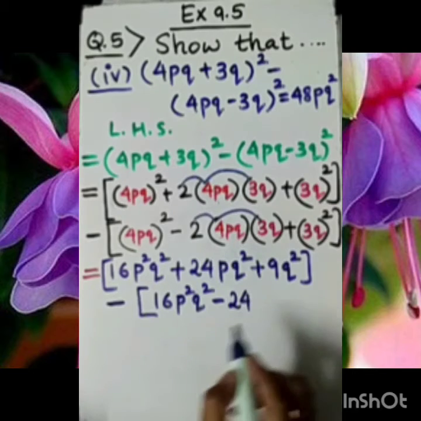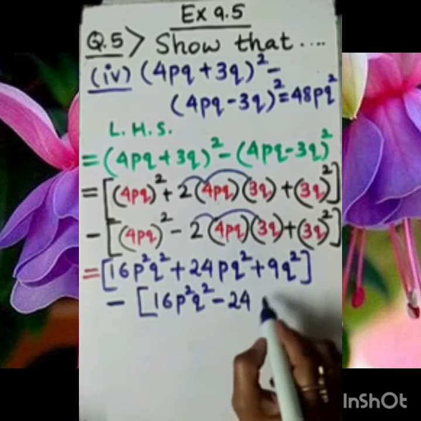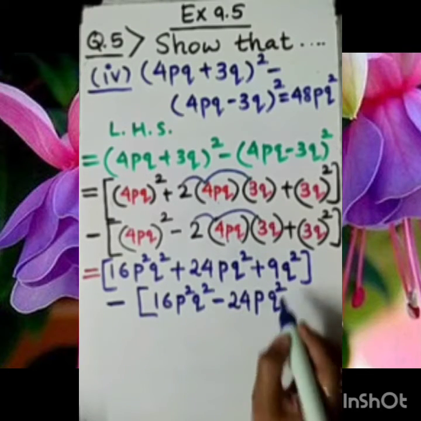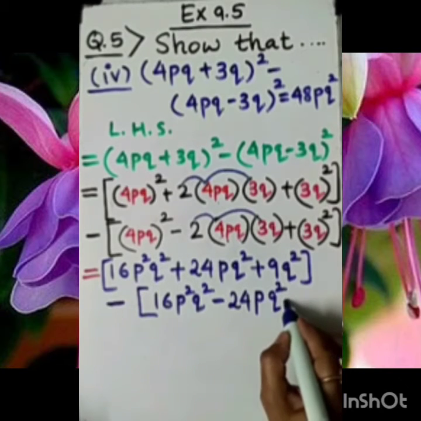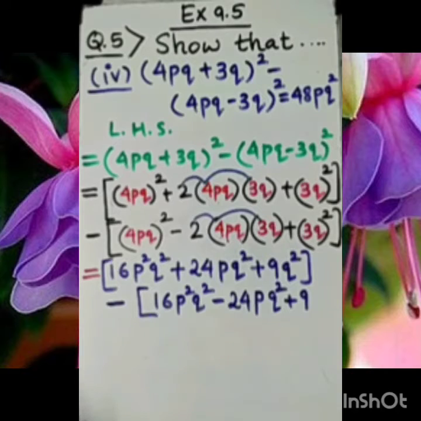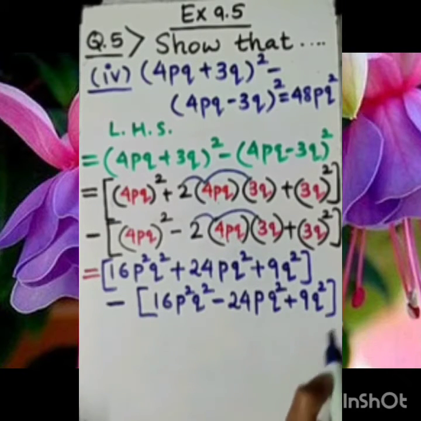So I'm writing 24 along with this p into q. P is only one time, but q into q two times gives the result q square. Fine. Plus, you can see here 3 square, that is 3 into 3, 9, along with the square of this variable, that is q square.